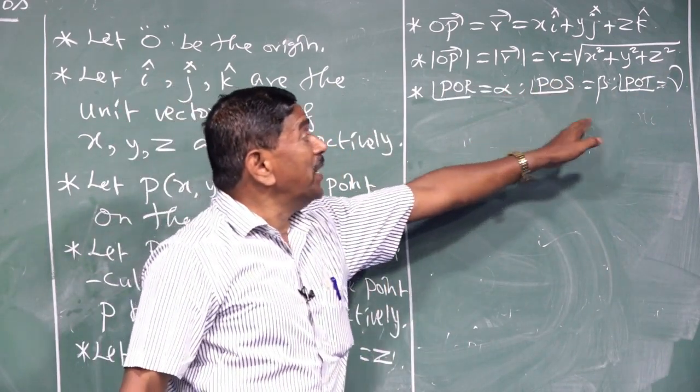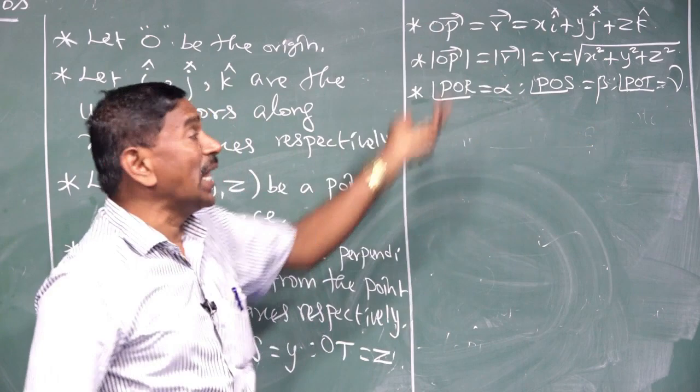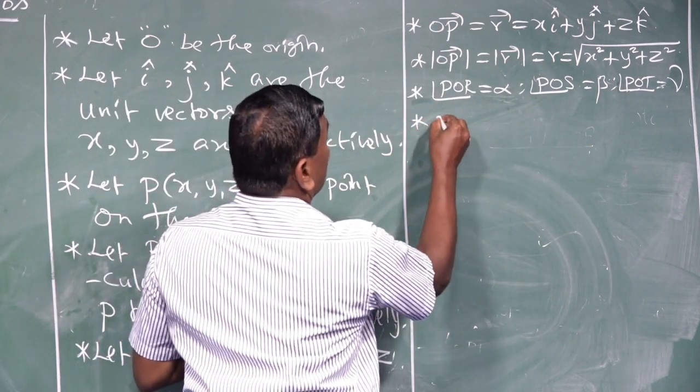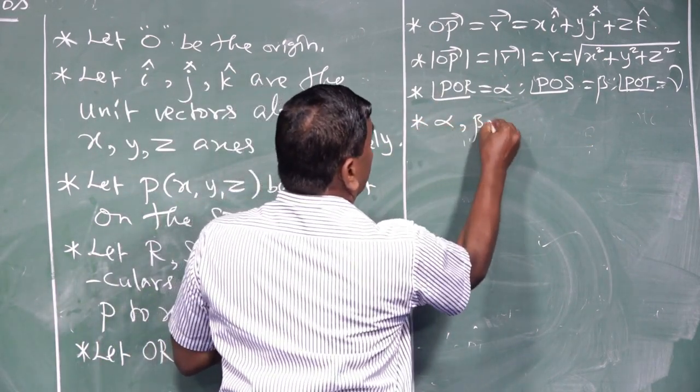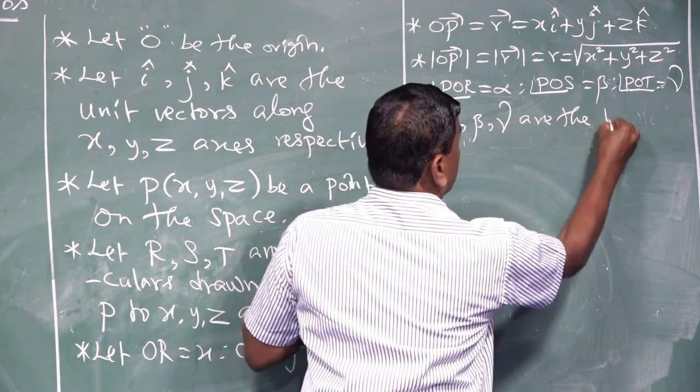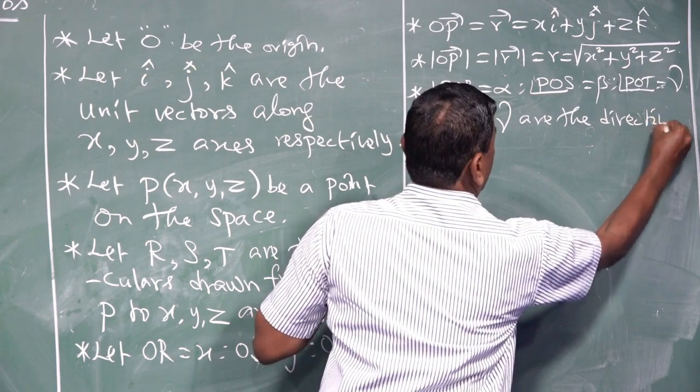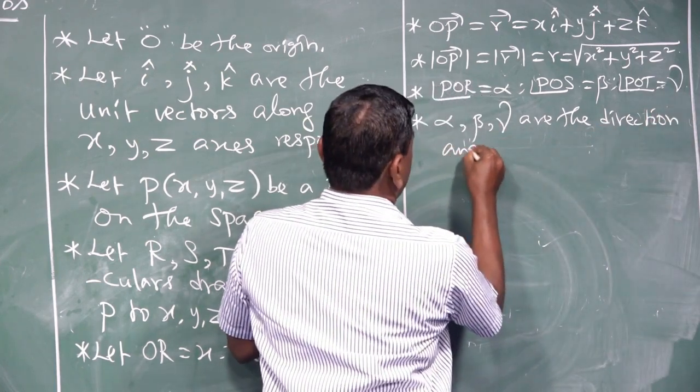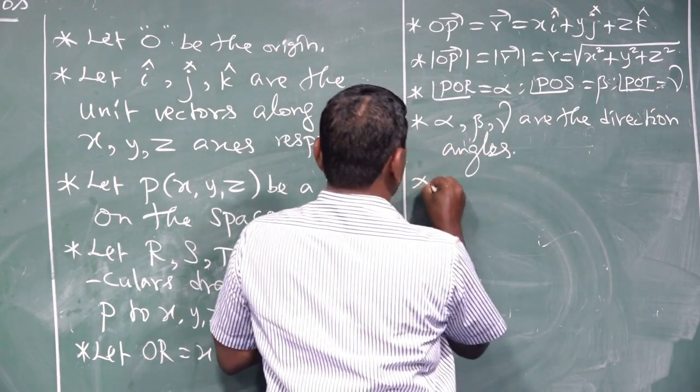Therefore, alpha, beta, gamma are the direction angles. Okay, one concept is ready.